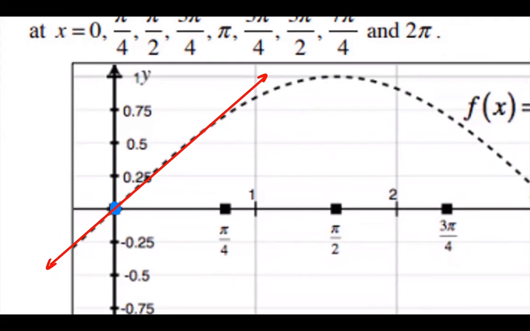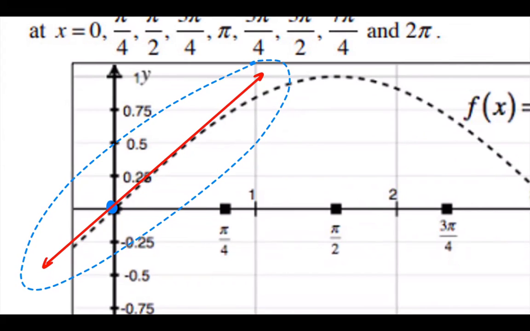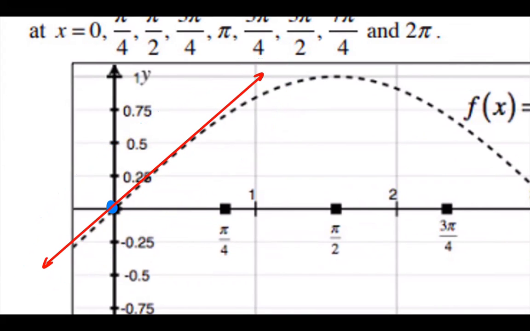Actually, more like that. What is the slope of that red line?